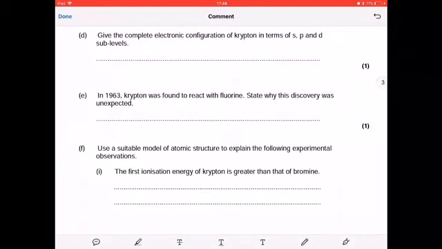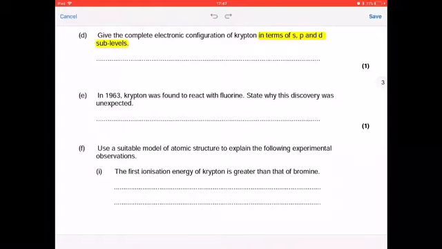On to part D, we need to be able to write A-level electron configuration in terms of S, P and D sublevels. This one goes a little bit beyond what you're expected to know from basically all the way up to 3D, and you have to actually go into the 4p orbitals for this one.